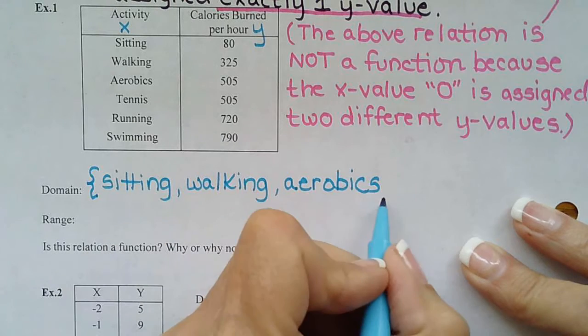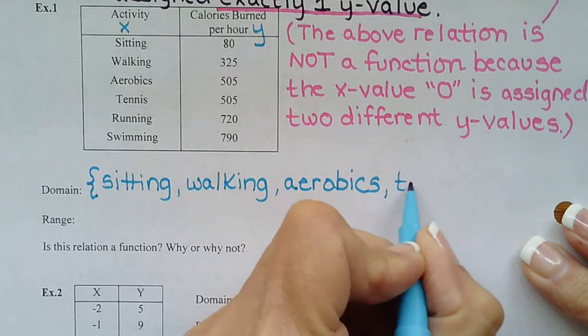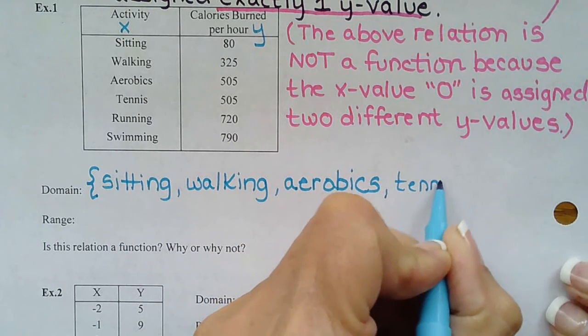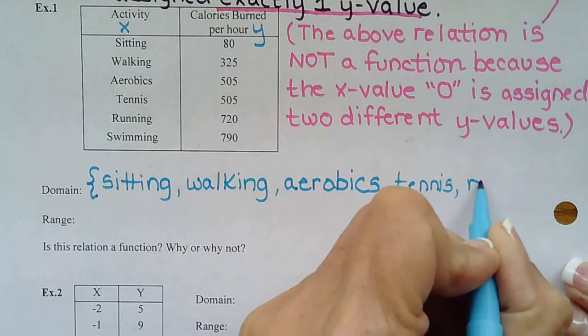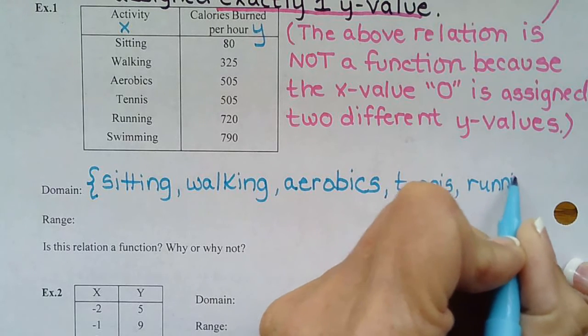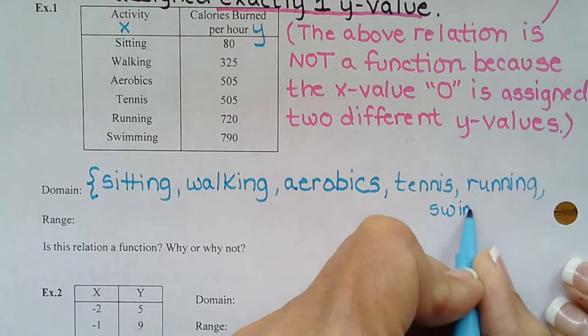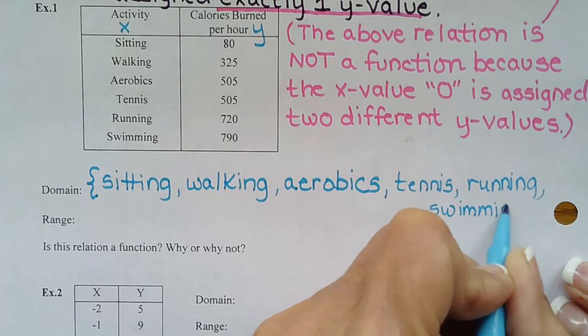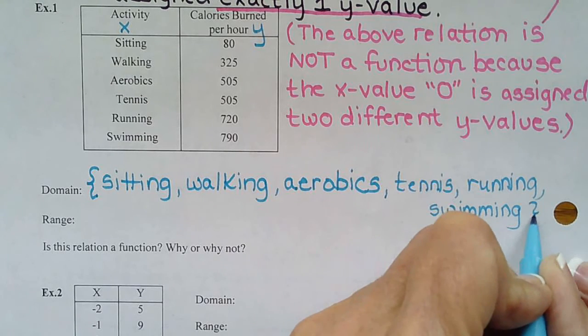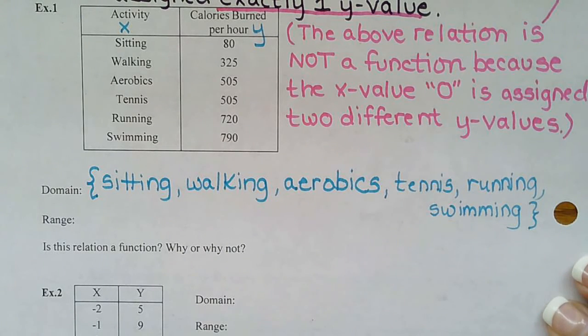A-E-R-O, yep. Tennis, running, and swimming. And then end our set symbols. So that is our domain.